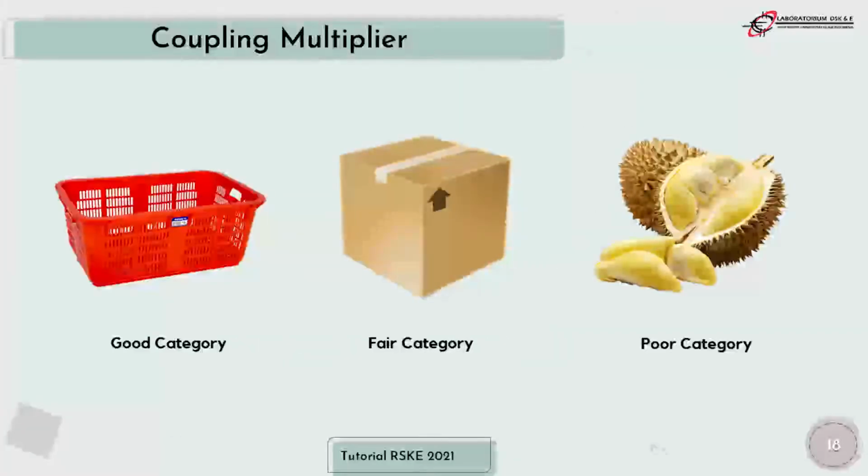Okay, now you can see in the slide there are some examples of the 3 coupling categories. For the good category there is a basket, for the fair category there is a cardboard box, and for the poor category there is a durian.